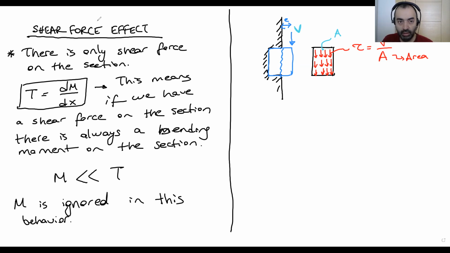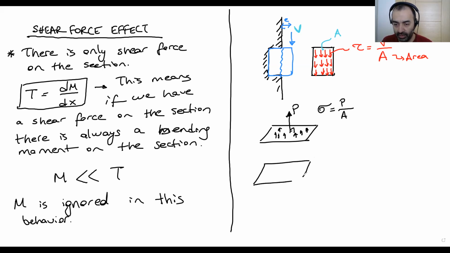Remember, if we have a surface and there's a force perpendicular to this area, we have axial stress like this, and we call it sigma, so P over A. But here the case is the same.